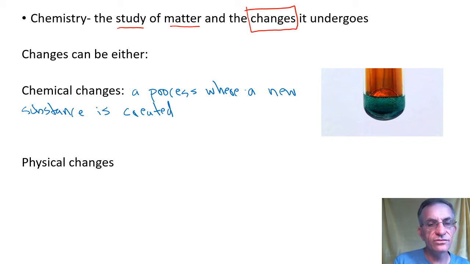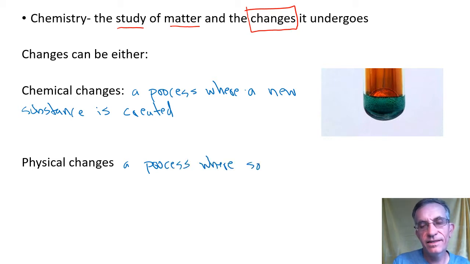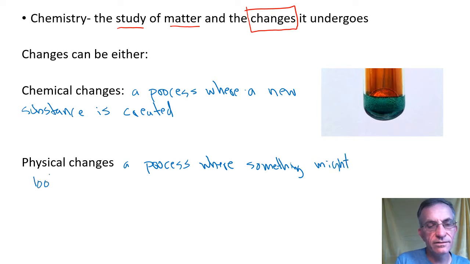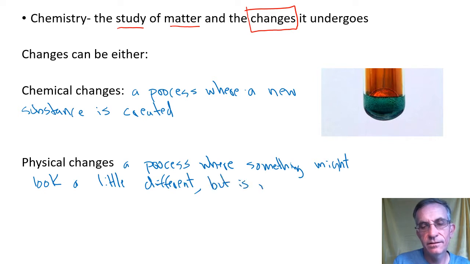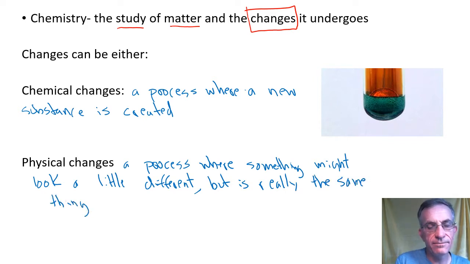A physical change is a process where something might look a little different, but is really the same thing chemically.